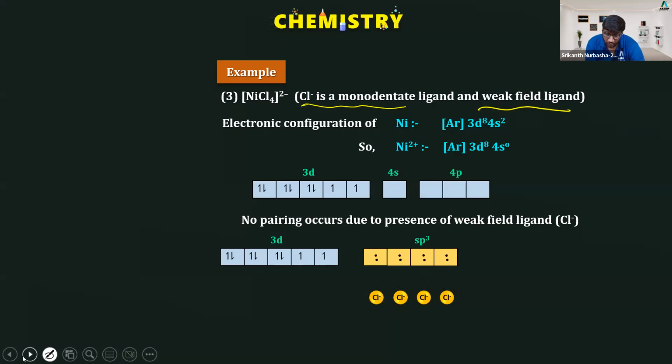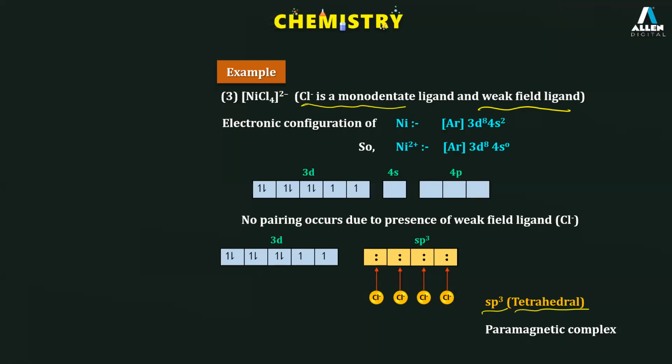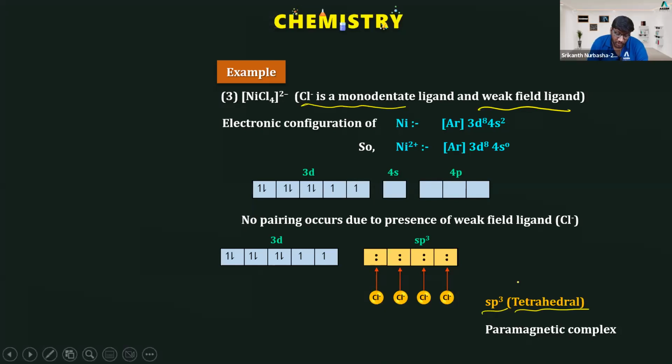Only outer orbitals are involved in the hybridization. So it is an outer orbital complex and sp3, which is going to be tetrahedral. Yes or no? sp3 means tetrahedral. Whether it is sp3d2 or d2sp3, it is obviously octahedral. sp3 means tetrahedral. dsp2 means square planar.